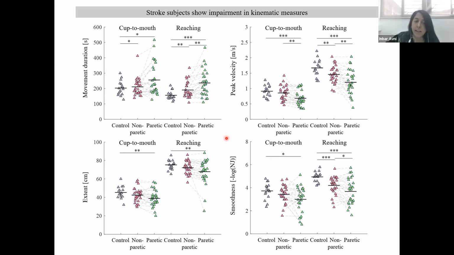And also what you can see here is that there's a difference between the tasks, and for most of these measures, the between group differences were larger for the reaching task. In the reaching test, just to remind you, they had to perform movement outside of their flexor synergy that might be affecting them.